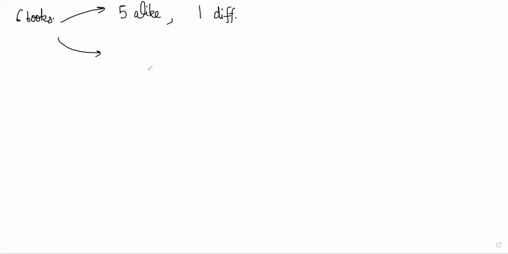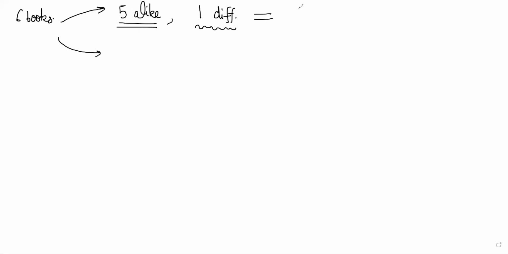This is one possibility. So 5 of physics can be taken in how many ways? Only one way, because they're all similar. And 1 different can be taken in how many ways? 2 ways. Either you take chemistry or maths.